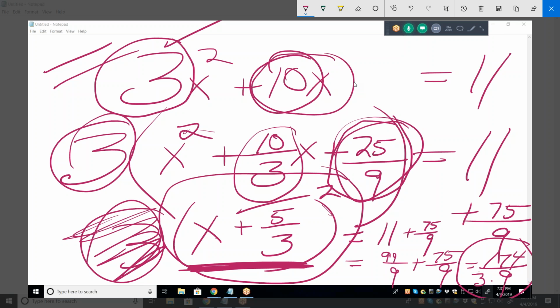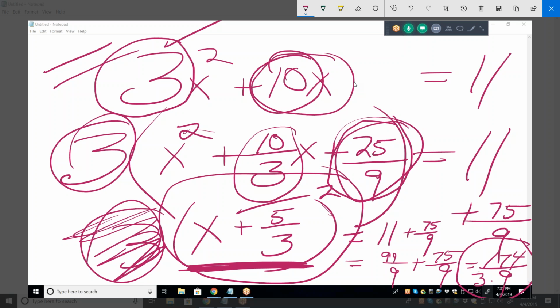Now that's easy to solve by taking the square root of both sides. That's the basic premise of completing the square, so you can write the x squared and the x value as a linear term squared.